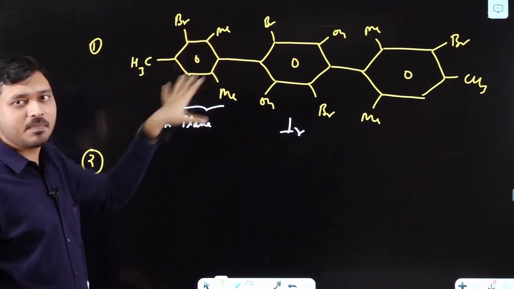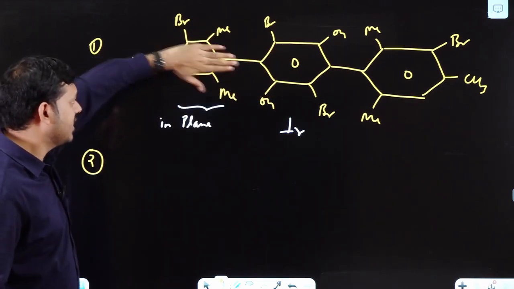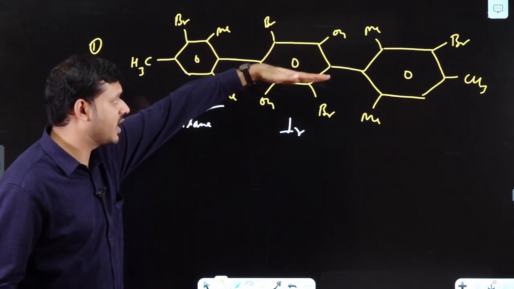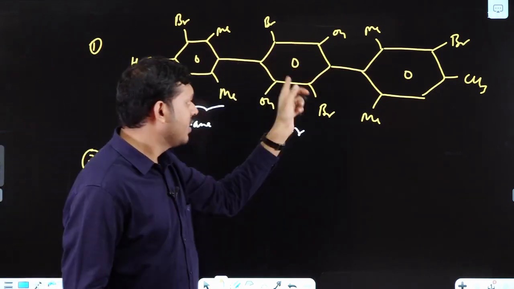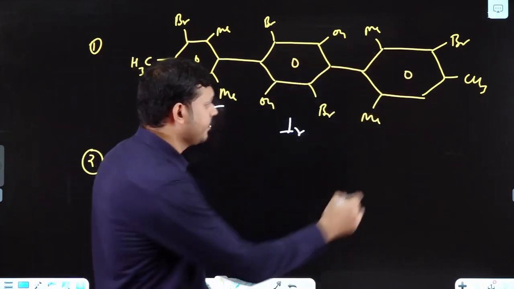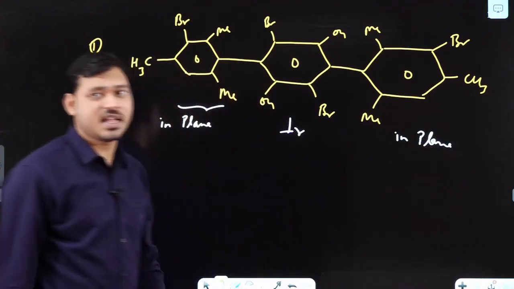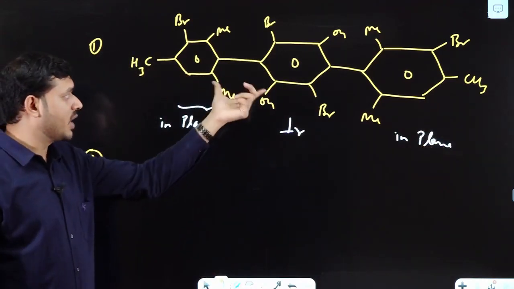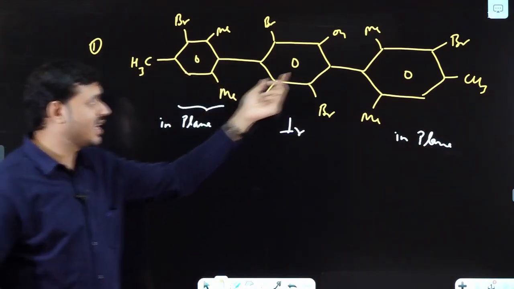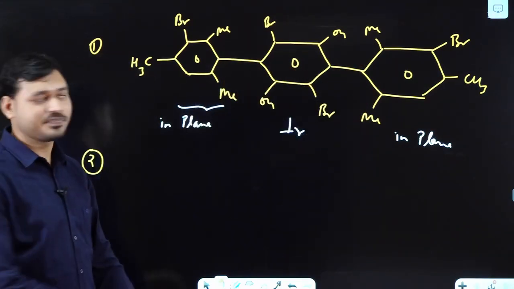Assume this is in the plane of the board, then this part is perpendicular, and with respect to that, this will again be in the plane. In plane means that if you have three rings perpendicular to each other, then the first and last are in the same plane, okay?